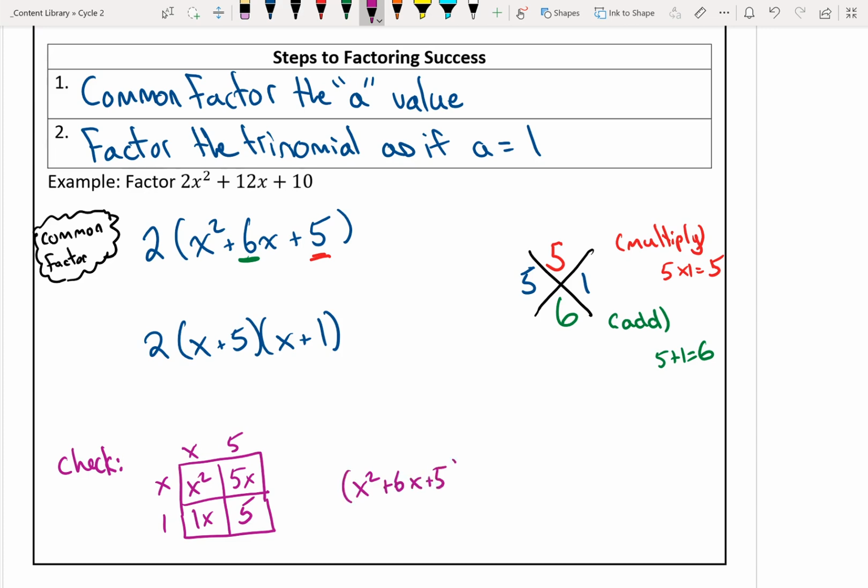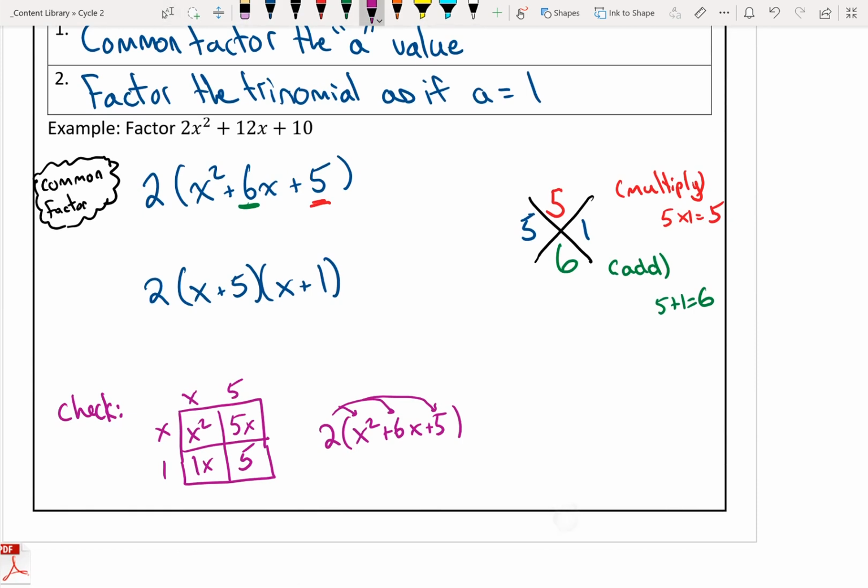But we have to keep in mind that that 2 is still out front because I haven't dealt with it yet, so it's still being multiplied. And now I can multiply the 2 through to everything, and we get 2x squared plus 12x plus 10, which is our original equation.